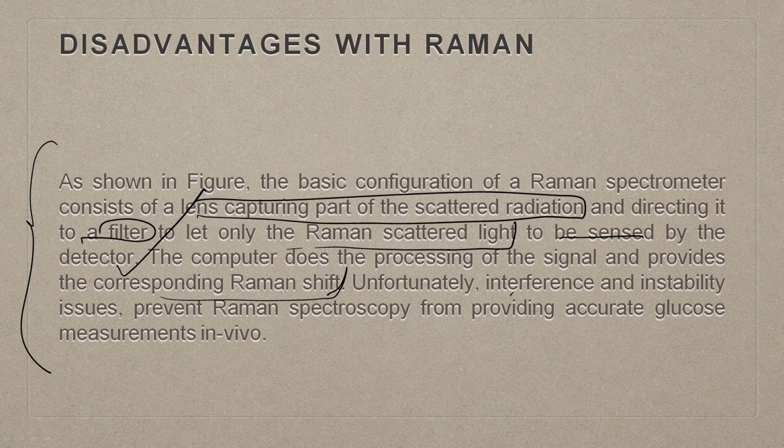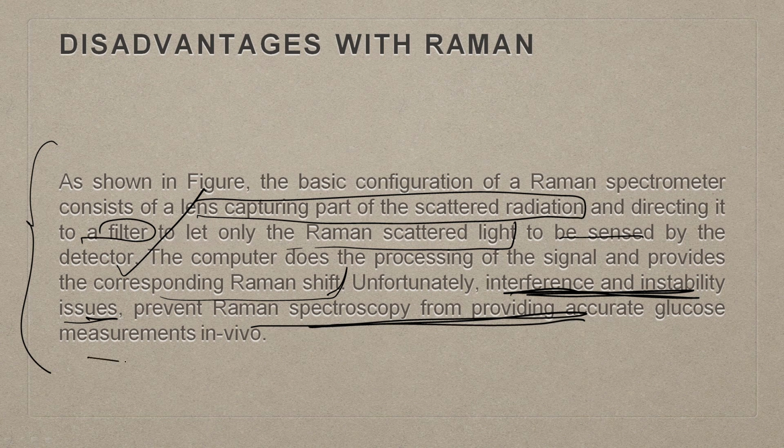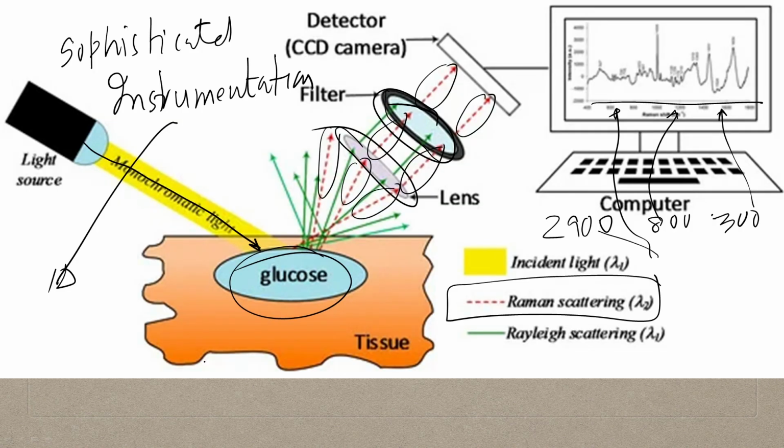Unfortunately, interference and instability issues prevent Raman spectroscopy from providing accurate glucose measurements in vivo. So, you realize while this is one of the very beautiful techniques, I personally love this technique, but the amount of interference, the amount of ambiguity really prevents it for in vivo. So, you have to realize that you have to put something on the skin and you should be able to get a data.